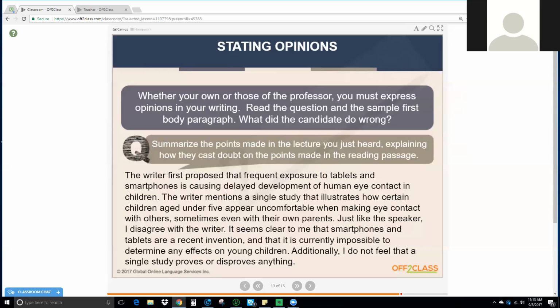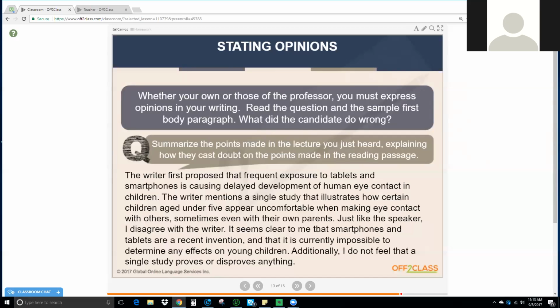Just like the speaker, I disagree with the writer. So it seems clear to me that smartphones and tablets are a recent invention and that it is currently impossible to determine any effects on young children. Additionally, I do not feel that a single study proves or disproves anything.